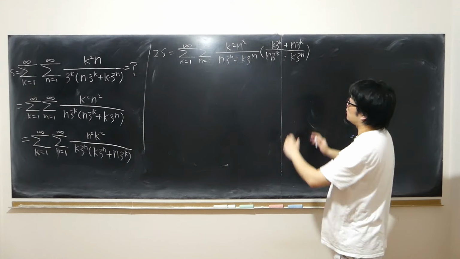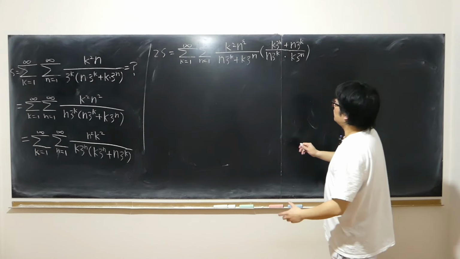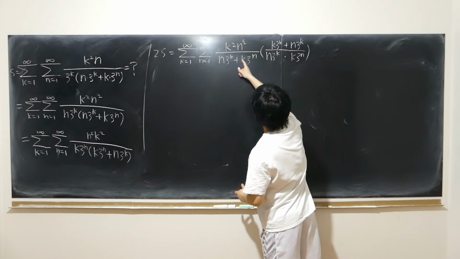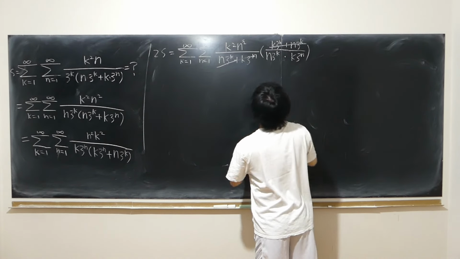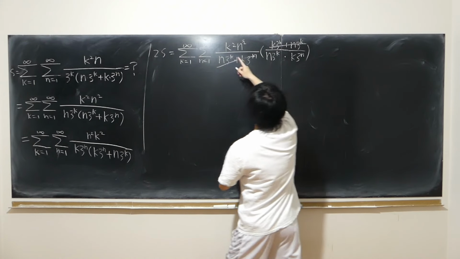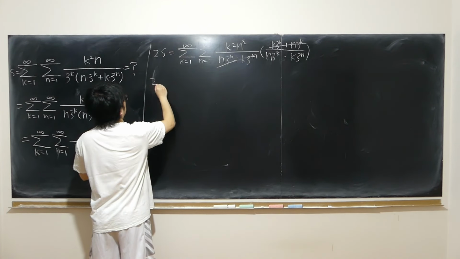Right? This is my summand. So simply here I have exactly the same down here and up there. Right? Simply cancel. I simplify further.